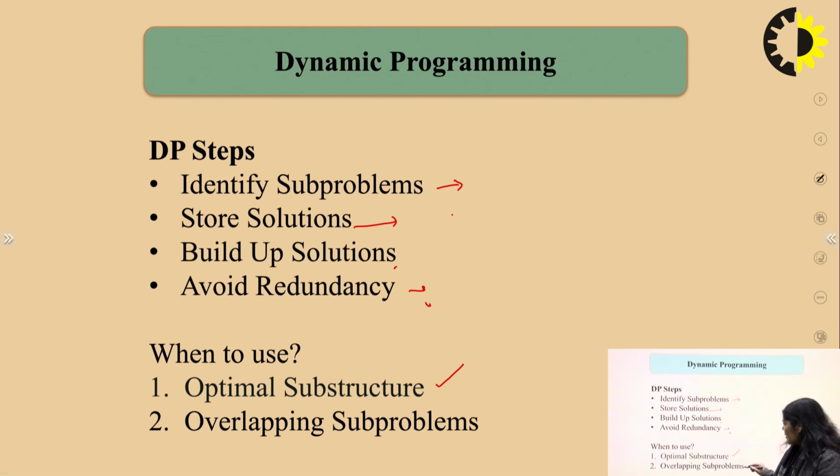The second thing that we need to see is that specifically, are there overlapping sub problems? So if we are able to find out that there are so many overlapping sub problems for which we need to provide the solution, then dynamic programming is more competitive rather than applying the divide and conquer approach.